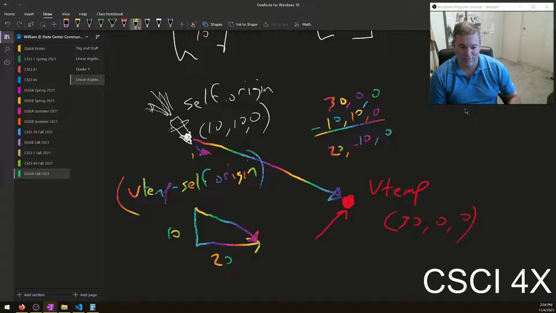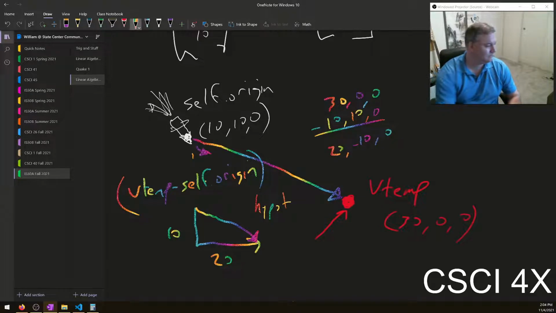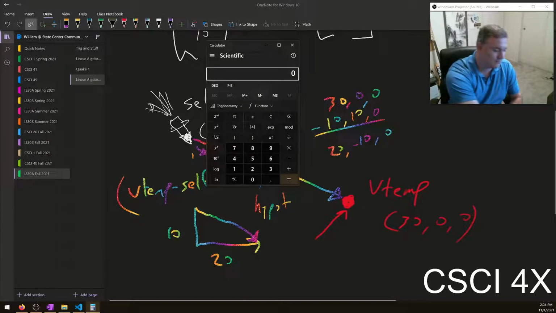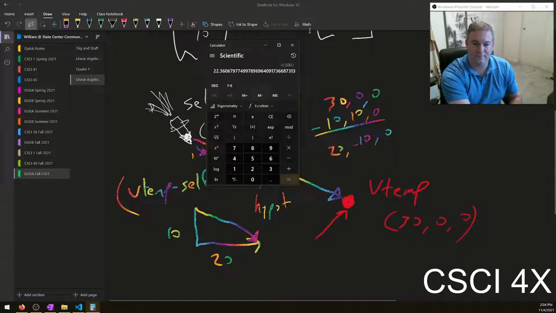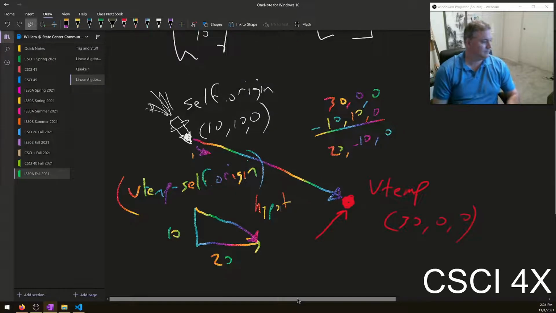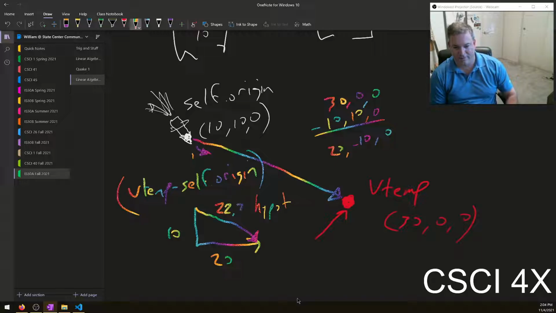How do you compute the length of the hypotenuse given the length of the legs? Hazelton, you remember? Yes, it is the Pythagorean theorem.